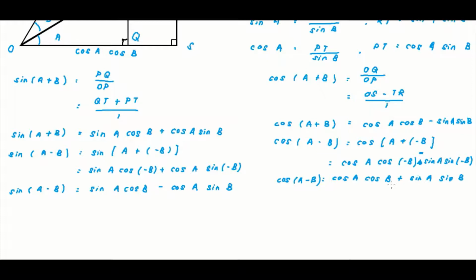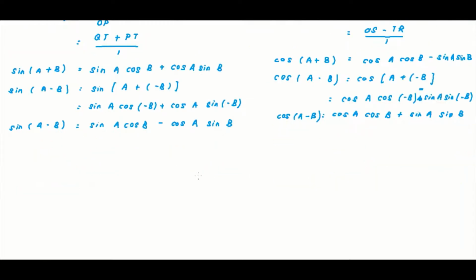Let's try to go with our very last one, which is tangent. Okay, so for tangent, if you can recall, we said that tangent A plus B will actually equals to sine A plus B over cos A plus B, correct? Because sine over cos, you get tangent. So that's why we can just put in everything that we have found just now.